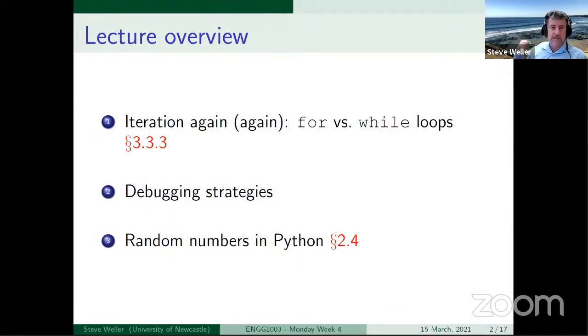The third thing I want to discuss today is some new content: generating random numbers in Python. We looked at an example last week where we used rolling a dice, where the number 1, 2, 3, 4, 5, or 6 could come up, and we just hard coded the number rolled into the program code.